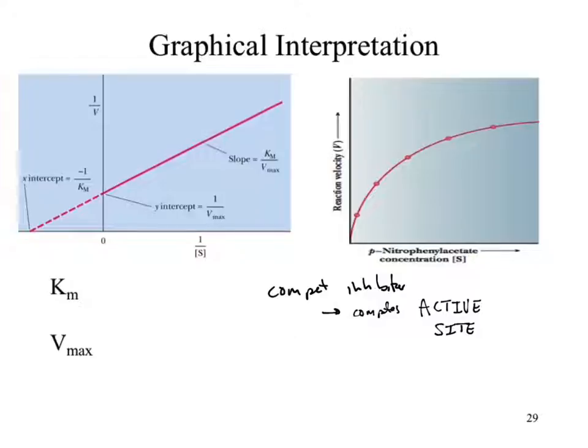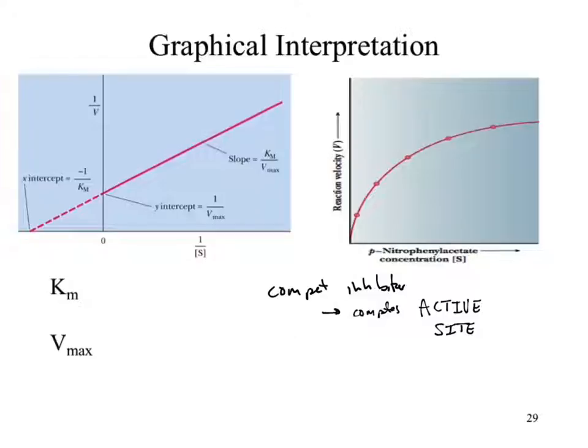So we have our standard enzyme, we don't have an inhibitor, and we want to know where Km and Vmax can be interpreted. You can all cheat and look at the left one, because the left one has the answers on it, right? Where do we find Km and Vmax? The answer's on it.